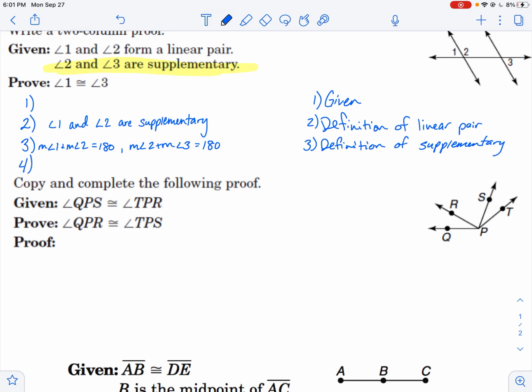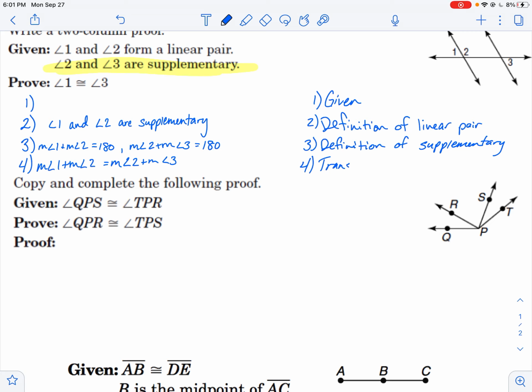Now step 4, measure of angle 1 plus the measure of angle 2 equals the measure of angle 2 plus the measure of angle 3. Because this stuff right here is equal to 180, and this stuff right here is also equal to 180, they must be equal to each other. And you could call that the transitive property.